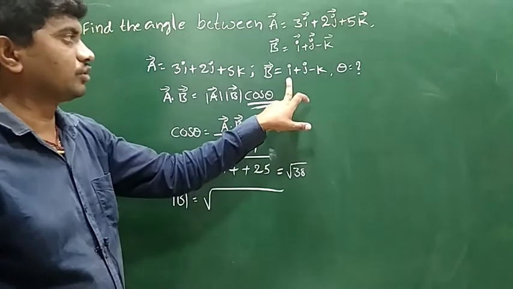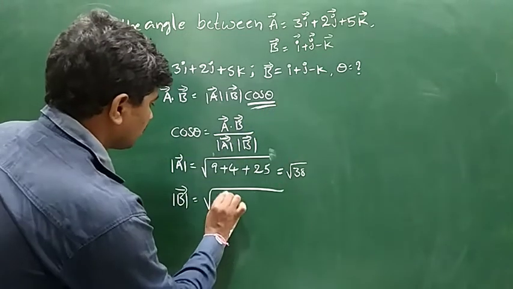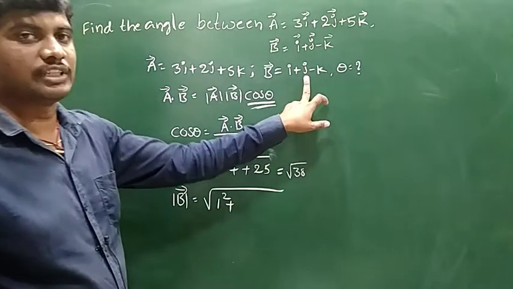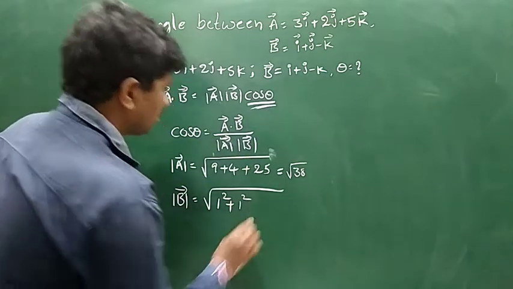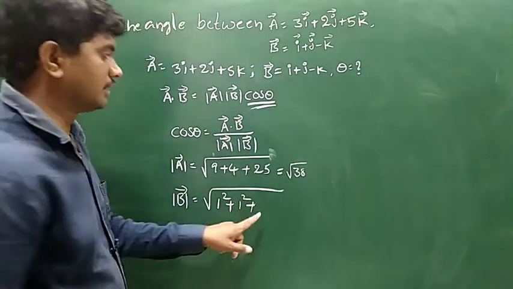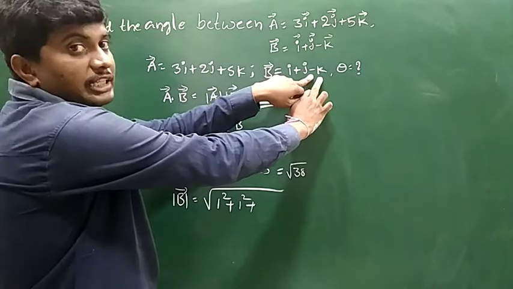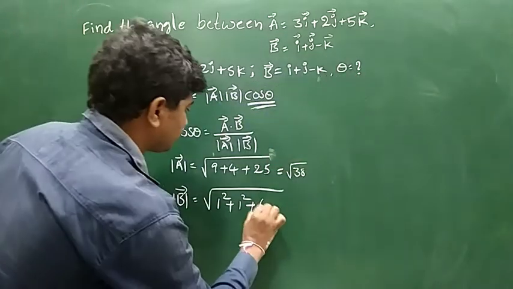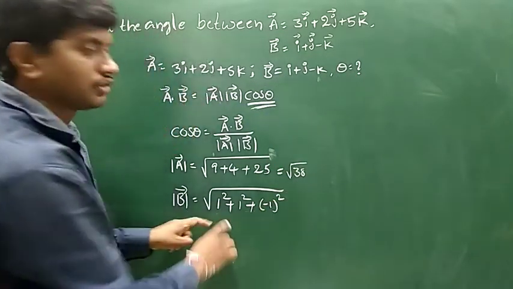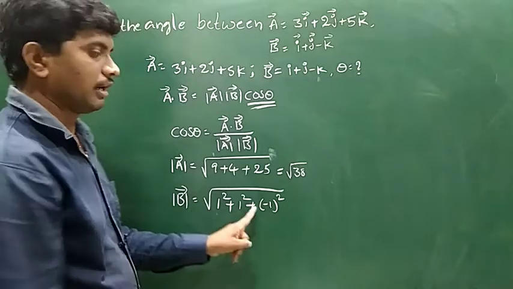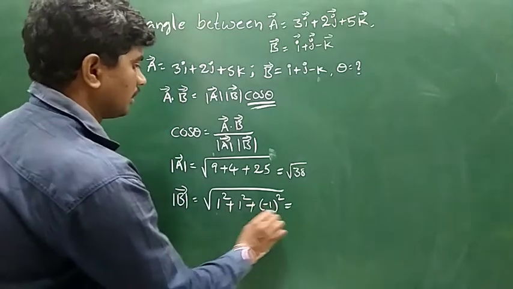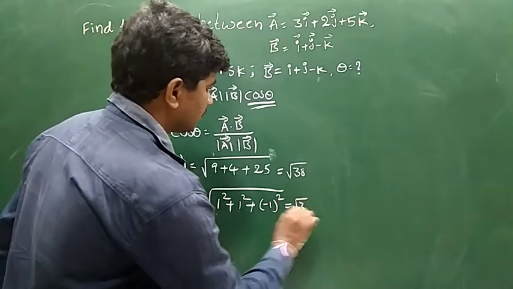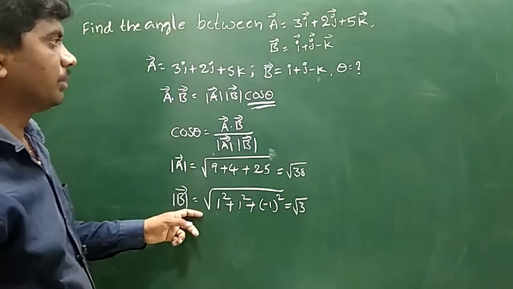So Bx square is 1 square plus By square is 1 square plus Bz square is minus 1 whole square, which is 1. Therefore 1 plus 1 plus 1 is root 3. This is the magnitude of B vector.